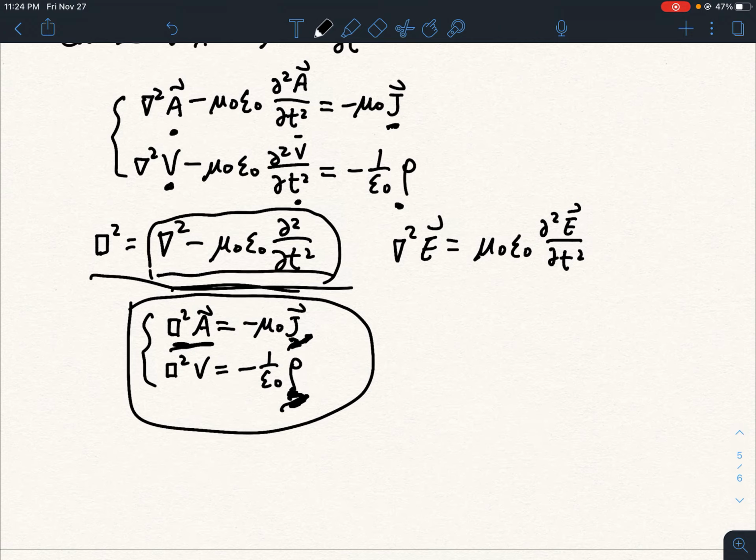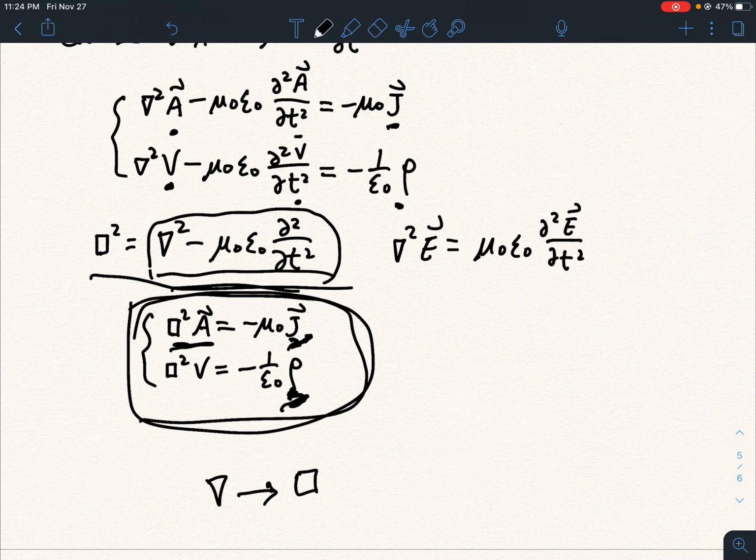These equations are very similar to the equations put on the cover of Griffiths' book. I personally think the cover really uses this del, and it should be replaced by this square, because this indicates the symmetries between the electric field and the magnetic field.